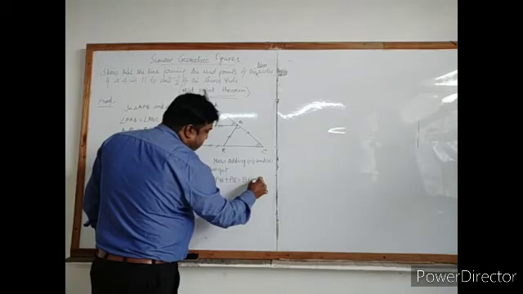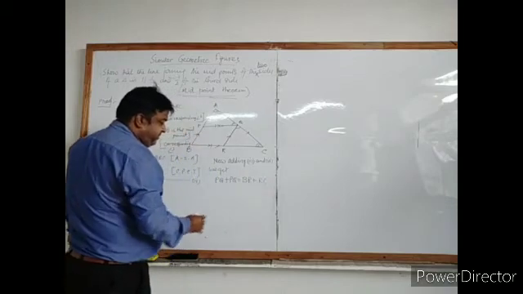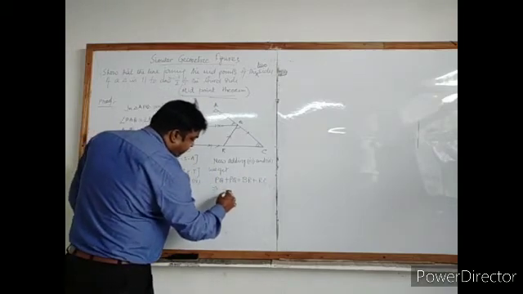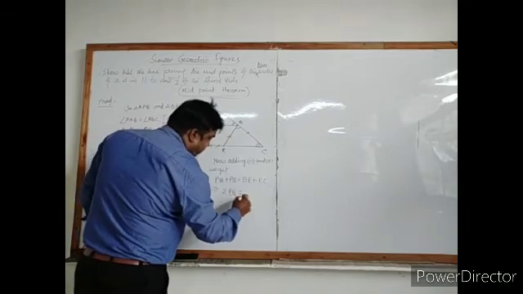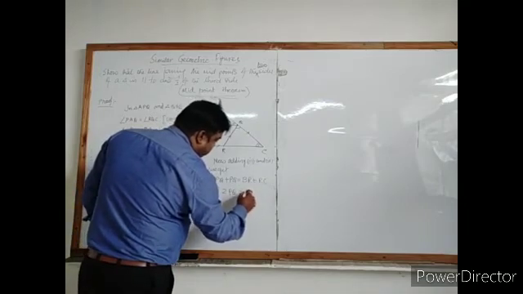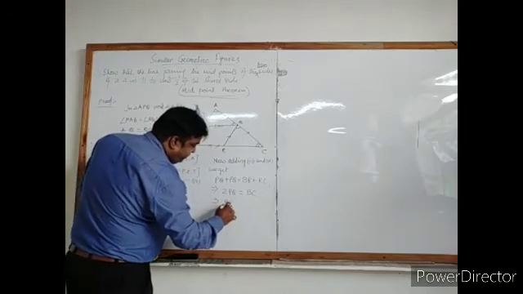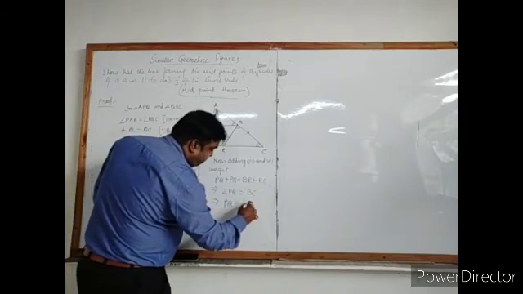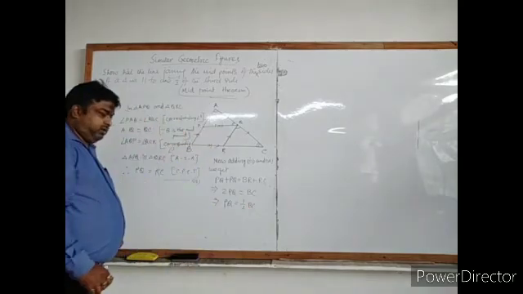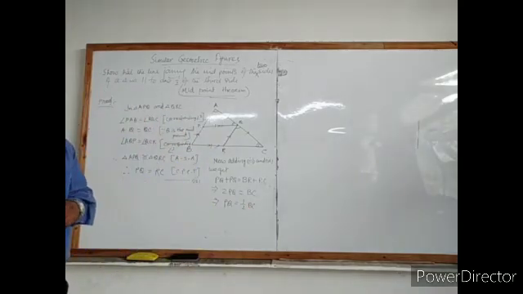Now PQ plus PQ is twice PQ, equal to BR plus RC, which is BC. So that implies PQ equal to half BC. So this is the second part. Understand?